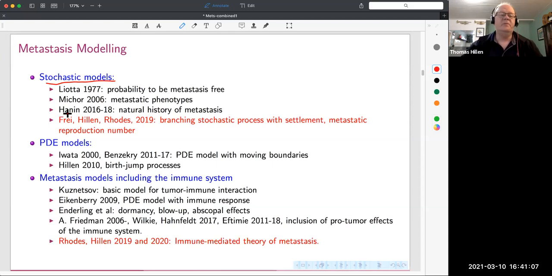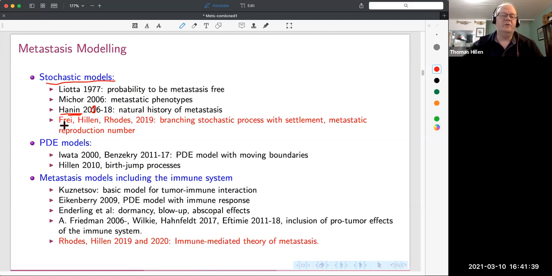Then there is a work by Hanin from 2006, this is a little typo, to 2018, about the natural history of metastasis. He looks at the size distribution of metastasis. He doesn't look where they go, he just looks at the size. How many do you get of which size? And he finds that they actually arise early in the disease. So even if you see them later at the end, they might actually have been there for years and years earlier. And that's a very serious find.